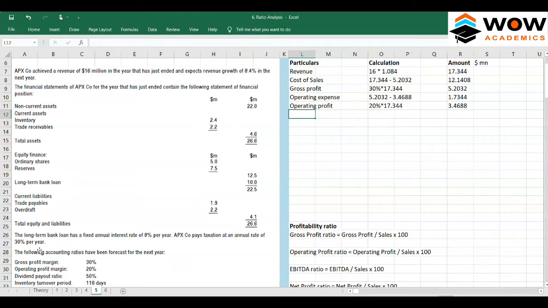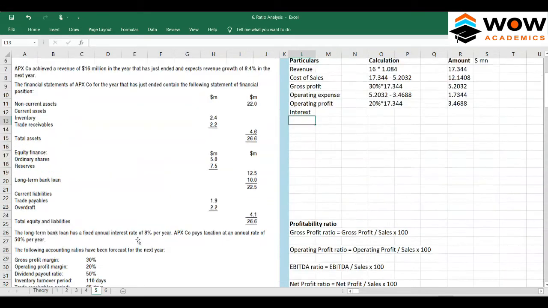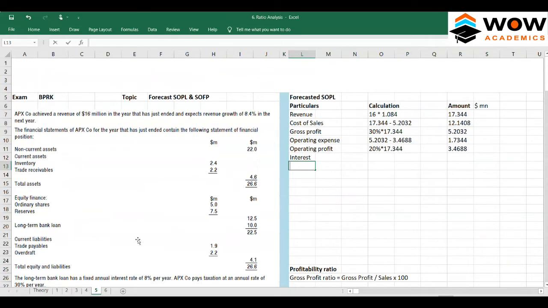So let's see the interest. There are two interests here. One is the bank loan interest and the other one is the overdraft interest. So both we will take into account.